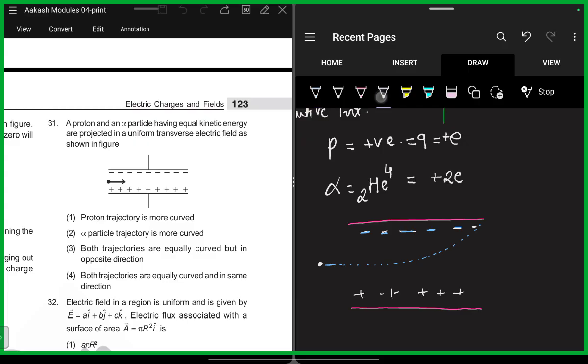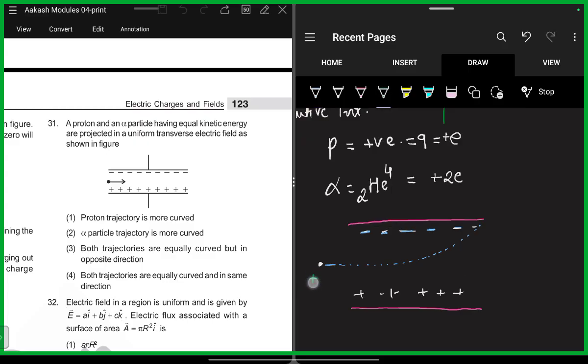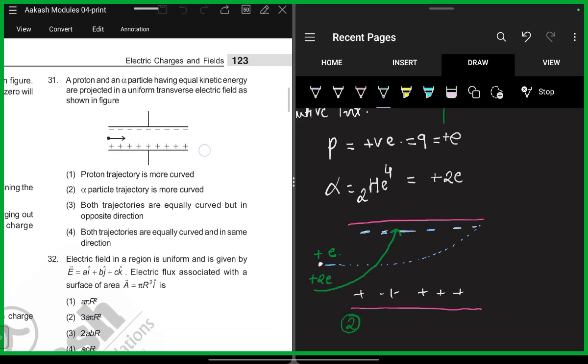Now, as soon as you project an alpha particle, it is more positively charged, so it will experience more force. Its trajectory will be more curved compared to the proton. So the answer is option 2: the alpha particle trajectory is more curved. Understood?